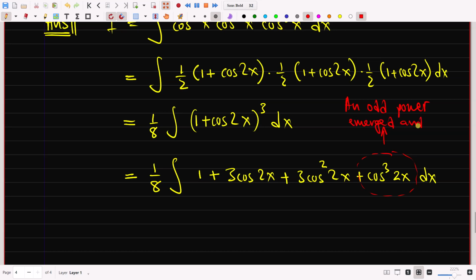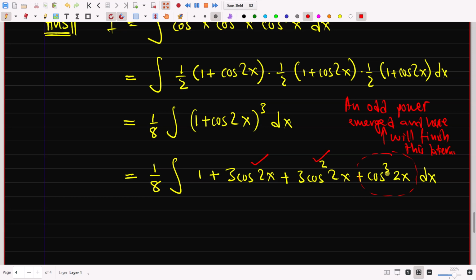As the other two were fine, this was fine, this was fine, but now there's an odd. An odd power hasn't been discussed so far, so we're not going to finish off this problem. You're going to learn how to finish it off when you have learned how to deal with odd powers of cos theta and sin theta. But for even powers, this is how we always deal with them.